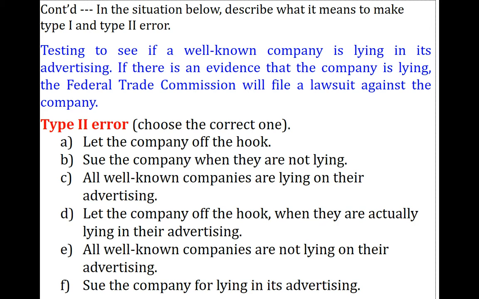Well, I think letter D is our answer here. They were lying. That was actually happening, and we didn't believe it, and we failed to reject. We failed to act on something that was actually taking place. We missed: a type 2 error.